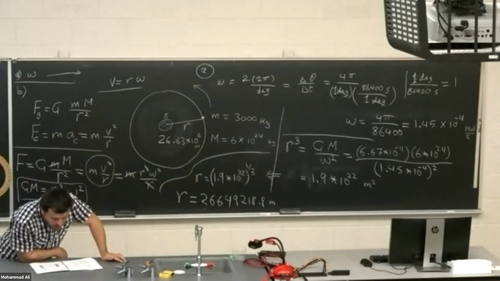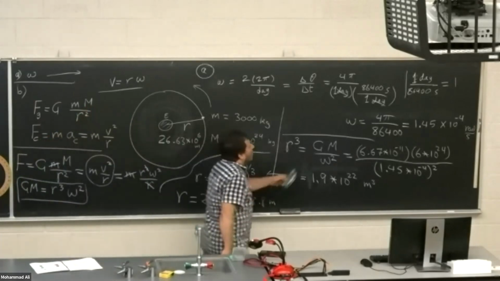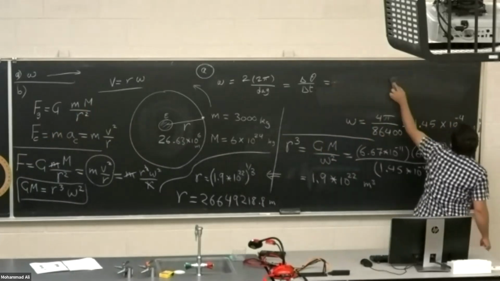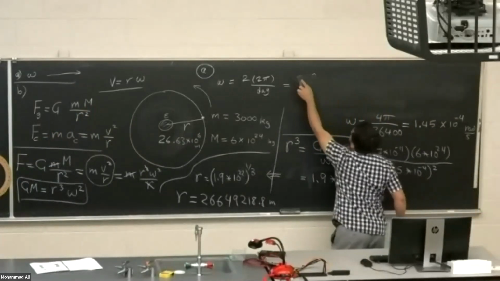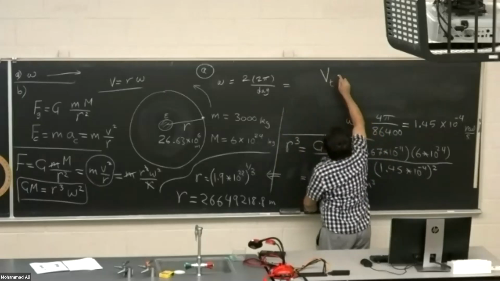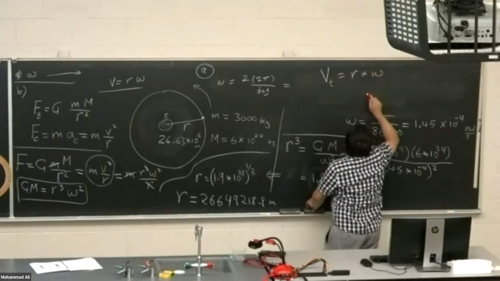What about C? Tangential speed. We need to find V. Okay. Omega, we know it. R, we know it. What is that? Velocity, the tangential speed. It is equal to R multiplied by omega.